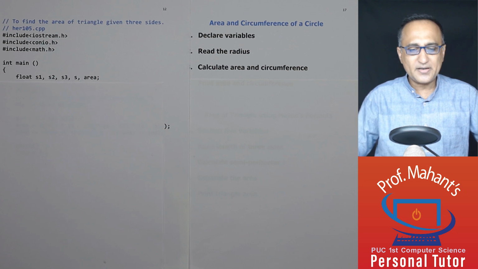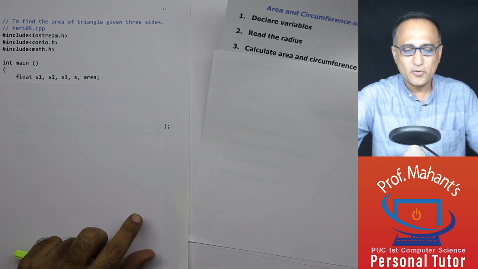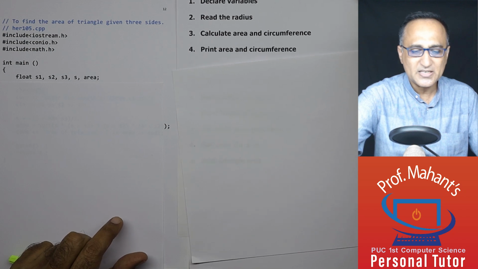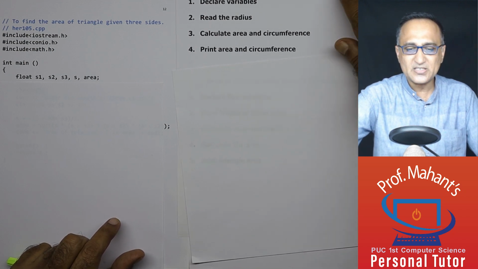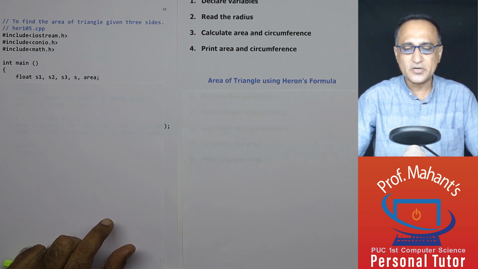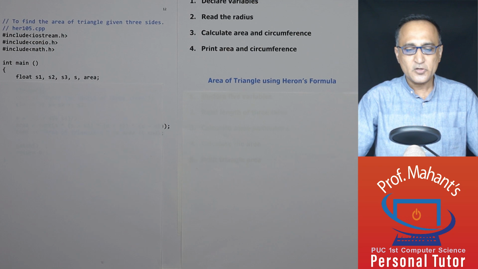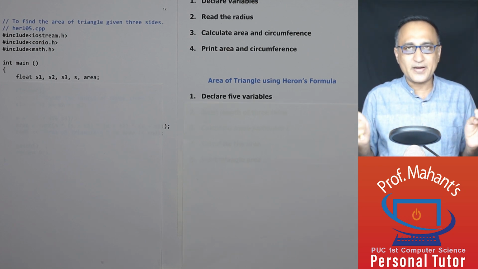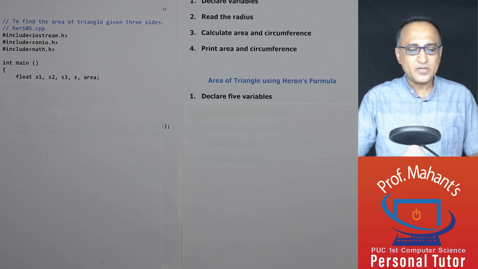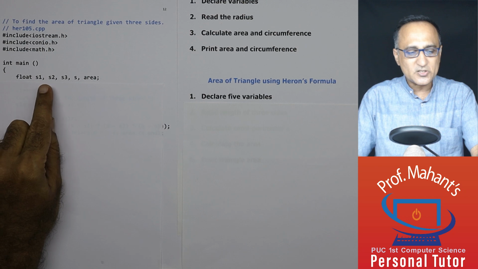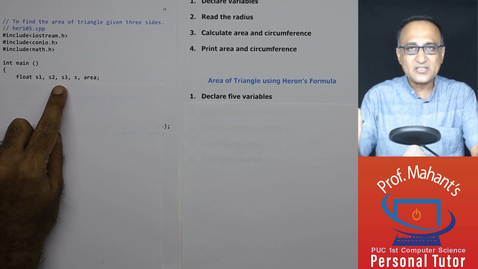So in order to calculate the area of a triangle using Hero's formula, let us first try to understand the steps or what are the memory locations required. I have already done this, if I'm not wrong, using algorithms and flowcharts. So it's a good idea to just brush them up before you come here. The first thing is, in order to calculate the area of a triangle using Hero's formula, you will need 5 variables. Why? The first three variables S1, S2 and S3 represent the three sides of a triangle.